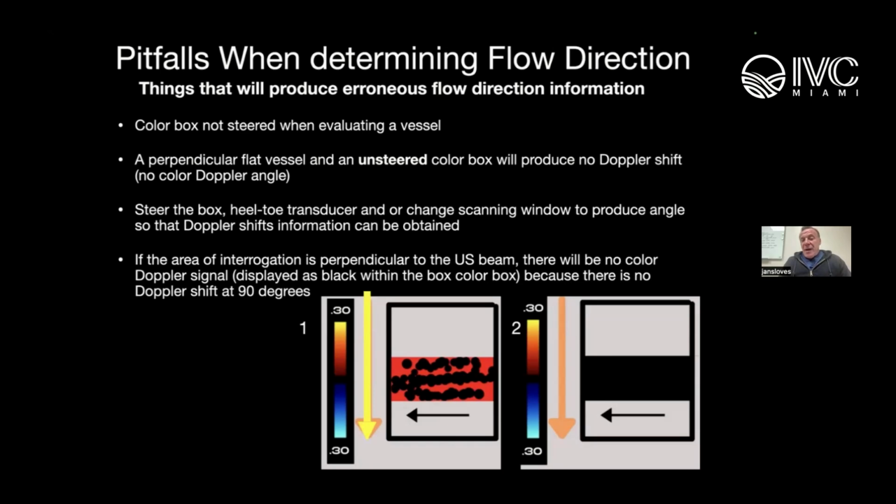So again, steer the box, heel toe the transducer. I really believe that whoever is the operator of the ultrasound system and holding the transducer has to have complete control of that instrument to be able to steer the vessels and create proper Doppler shift, for color flow and for pulse Doppler.